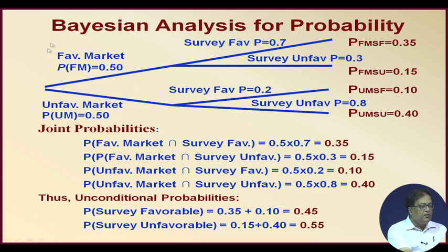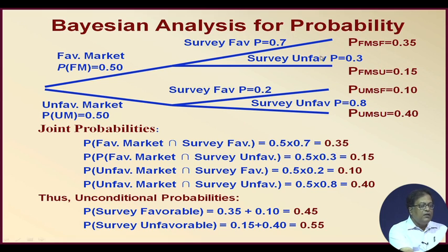So, similarly, we have got all of these calculations, and after these calculations, look here, then we can calculate what is known as the unconditional probabilities. The unconditional probabilities are basically, look here, one side we have these a priori probabilities for favorable market and unfavorable market. On the other side, there are two types of situations, survey favorable and survey unfavorable.